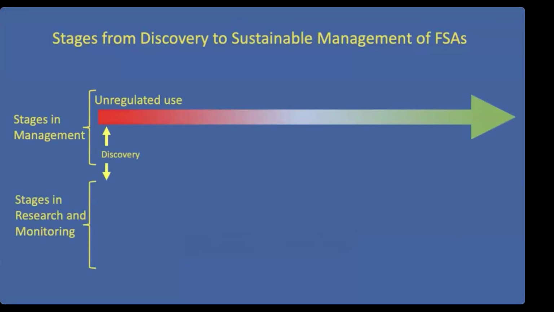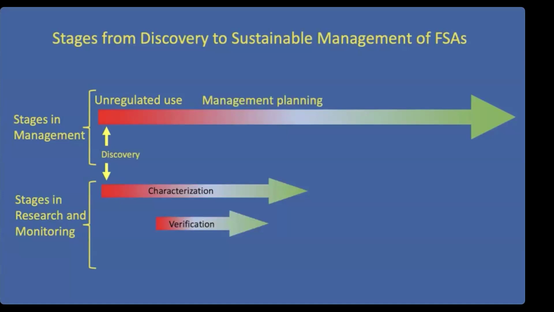But if they are concerned or interested, they may indeed alert conservation managers or scientists to that discovery and ideally work together to begin to characterize that site. Ultimately, to prove it's an aggregation site will require verification, at which point it may lead to management planning and ultimately to monitoring.